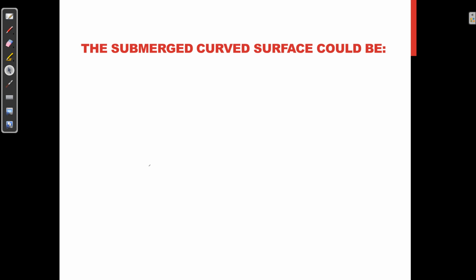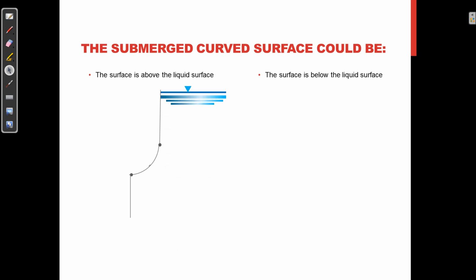Now, the submerged curved surface could be any of this case. First, we have the surface is above the liquid surface, or the surface is below the liquid surface. So to illustrate this, let us have here a curved portion, of course, that is in between those points, and here the liquid is on the right side. So as we can see, the gate or the curved portion is above the liquid surface.